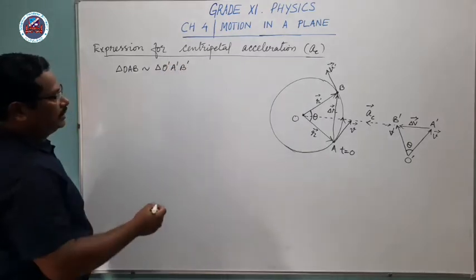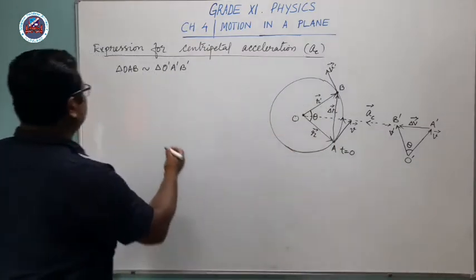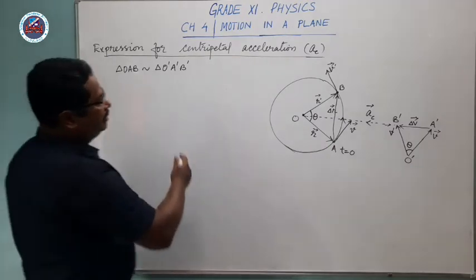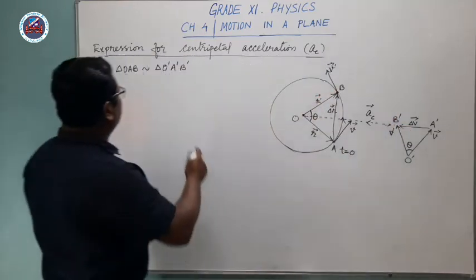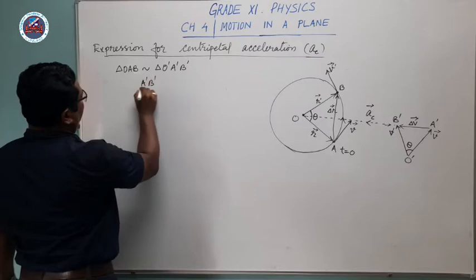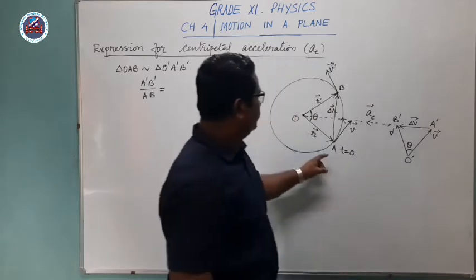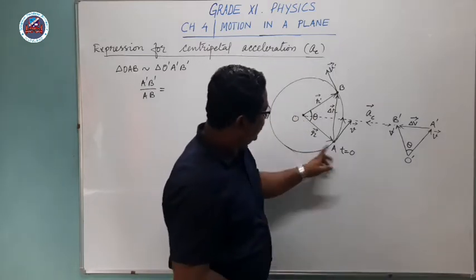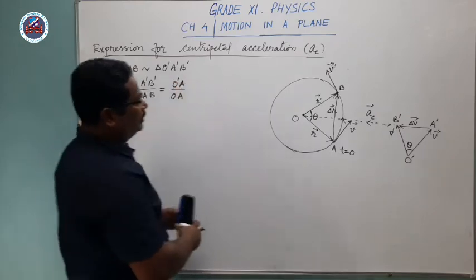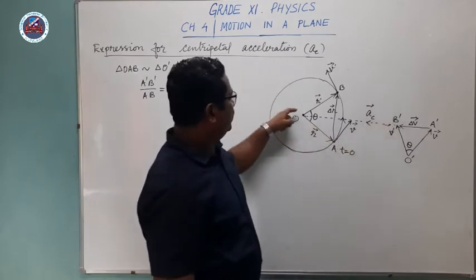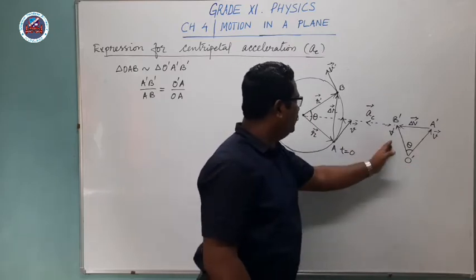In this case, if the triangles are similar, then you can write down the ratio of their sides. If I take here A dash B dash, then I'll take here AB. A dash B dash by AB is equal to O dash A dash divided by OA, that is equal to O dash B dash divided by OB, but the ratio will remain the same, v by r and v dash by r dash.